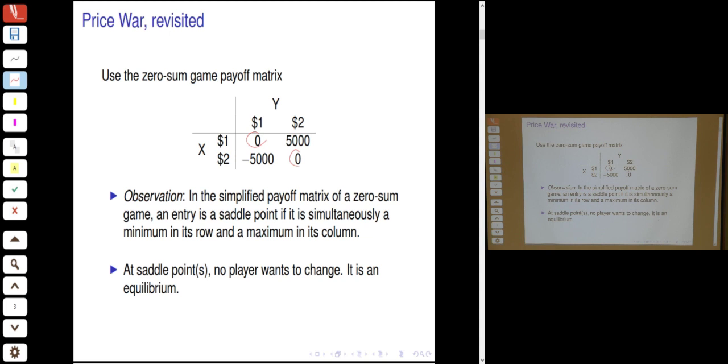Okay, so this is the payoff matrix, and notice that the entries of the payoff matrix here are not pairs, because every entry is just a single number, and this is because the game is zero sum. So whatever one player gains, the other player loses.